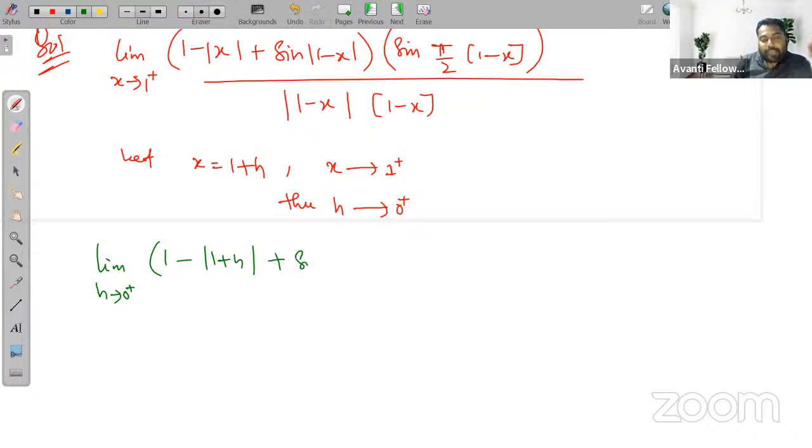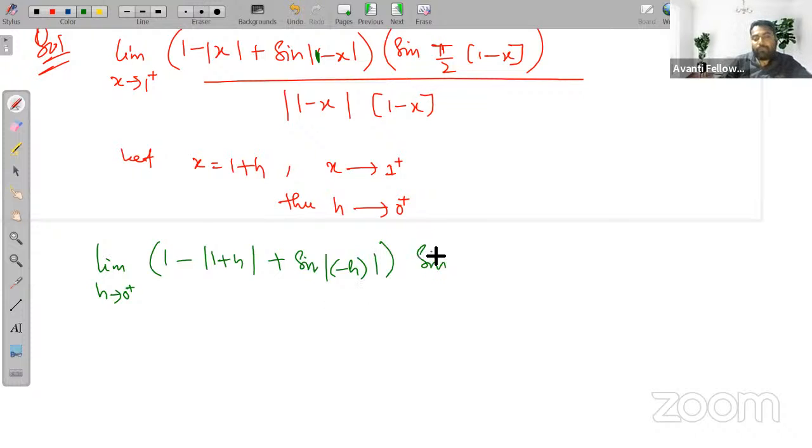Plus sine of mod of minus h, because 1 minus x is minus h.